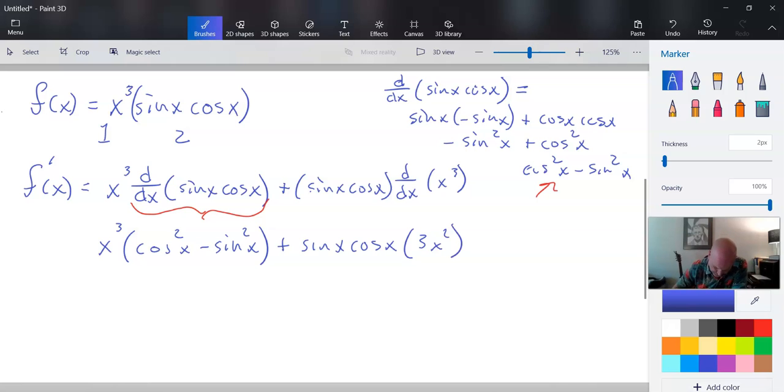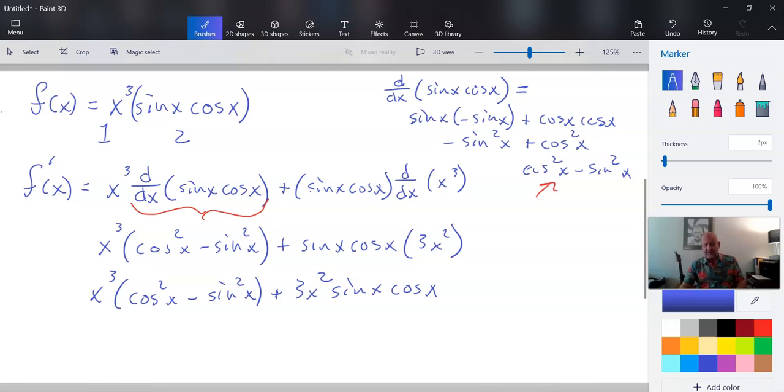To clean it up a little bit, I can move the 3x squared out front, so this would be x cubed times cosine squared x minus sine squared x, plus 3x squared sine x cosine x.